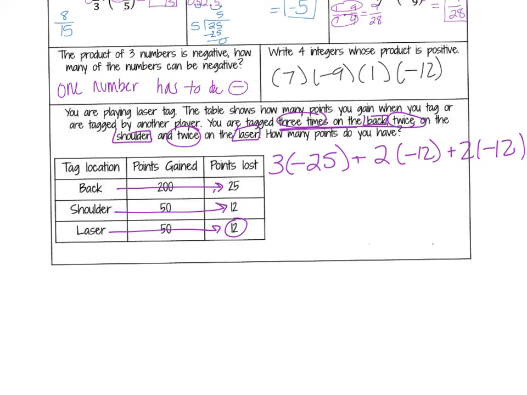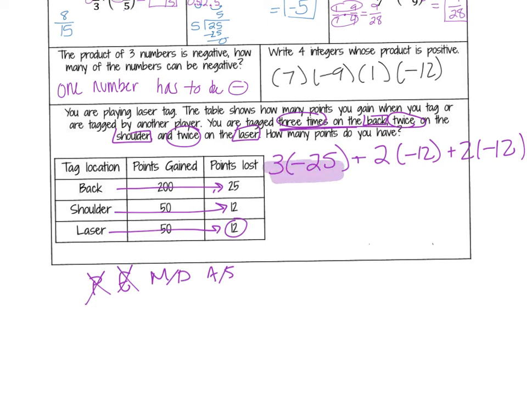Okay? So order of operations is parentheses, exponents, multiply or divide, add or subtract. Nothing's happening inside of my parentheses other than just saying that they're holding this number. Okay. I don't have any exponents, so I'm going to start with multiplying.